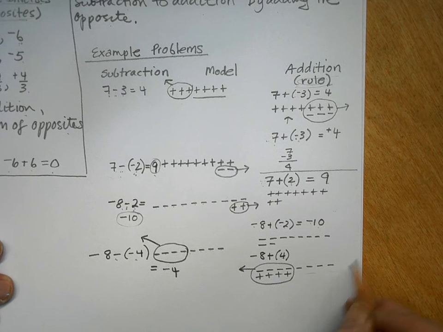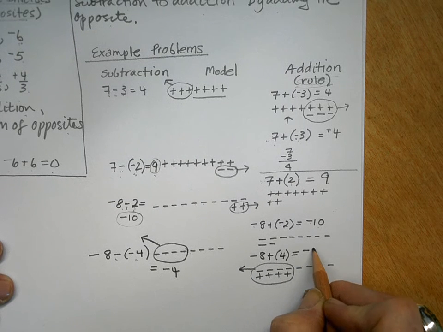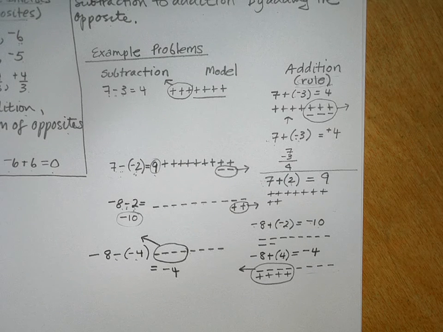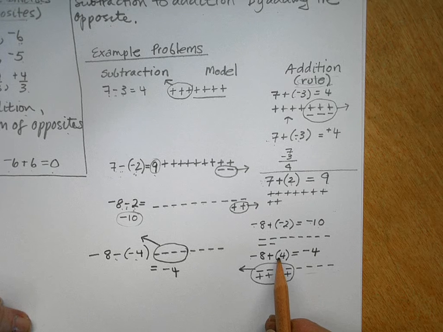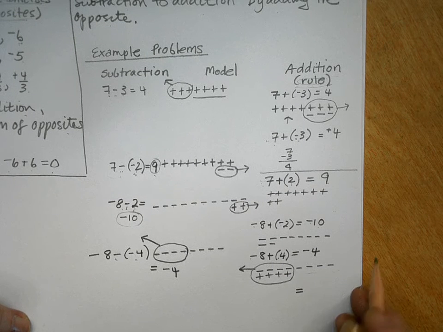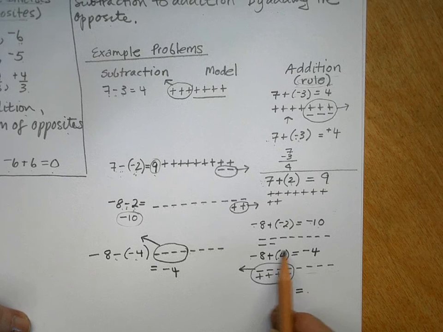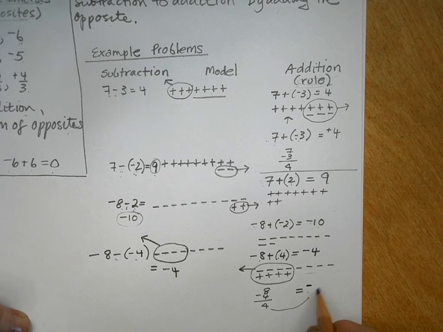That leaves me with negative 4, which is the same answer. I could also think about the rule here. I have different signs. I want to find a difference. And my answer will take the sign of the greater absolute value, which is this one. So my answer will have a negative. 8 minus 4 is 4. And I get negative 4 using my rule also.